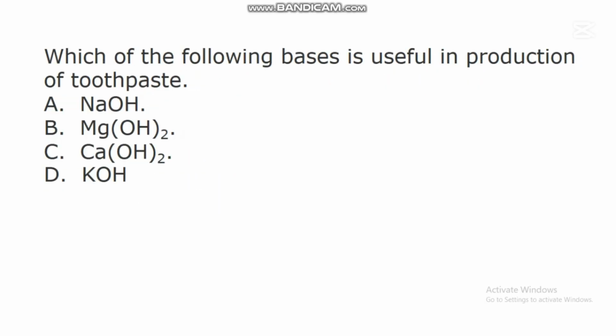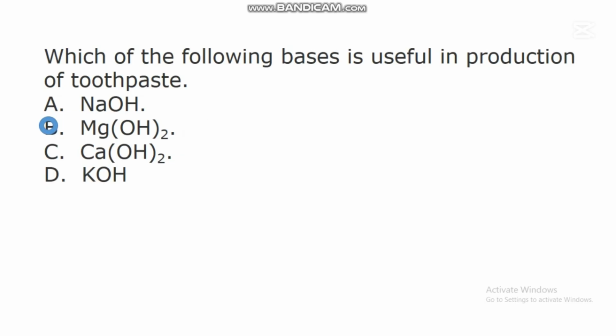The next question says, which of the following bases is useful in production of toothpaste? A. Sodium hydroxide. B. Magnesium hydroxide. C. Calcium hydroxide. D. Potassium hydroxide. In this question, the correct answer is B. Magnesium hydroxide.